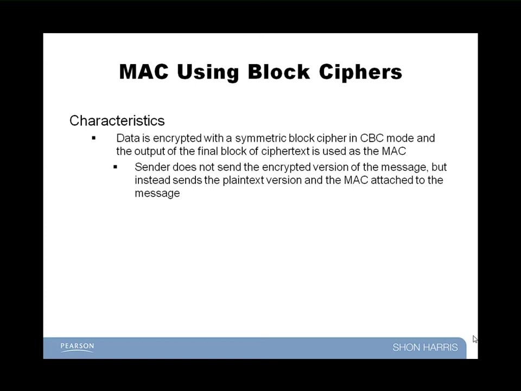Because we're using a symmetric algorithm does not mean we're encrypting the message. We are using a symmetric algorithm only to create the MAC. So just like HMAC, we're not encrypting the message. The same with CBC MAC, we are not.